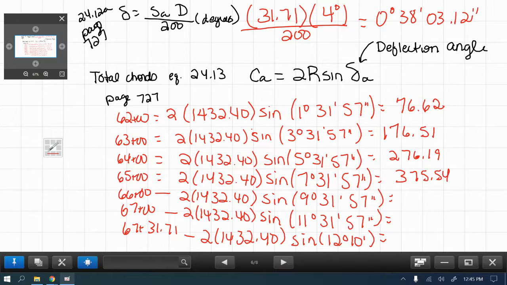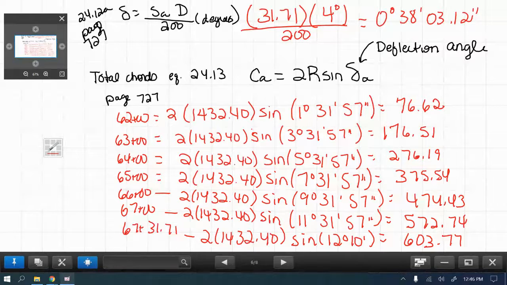66 should be 474.43. 67 should be 572.74. And the last one should be 603. I think it may be 70. It might be because ours is 78, which is our LC.